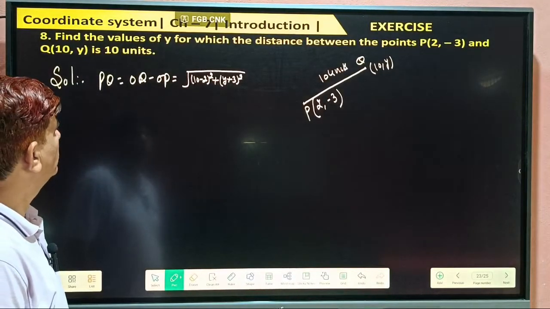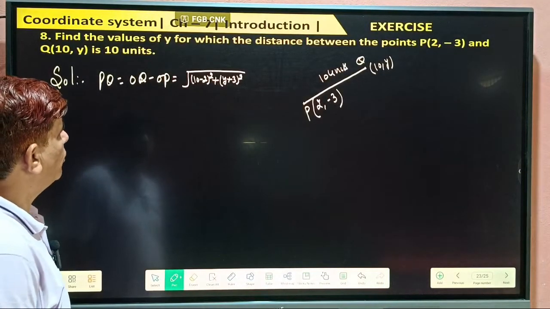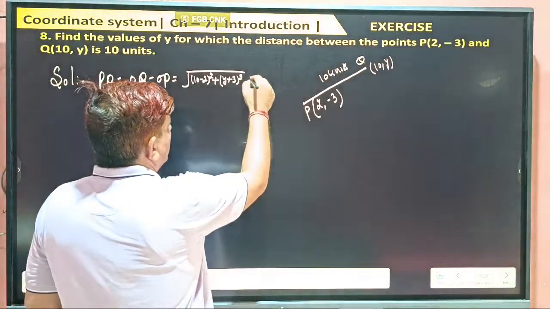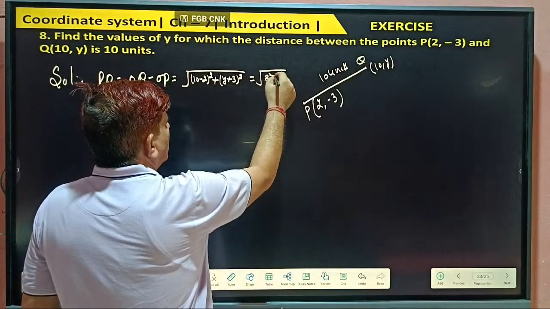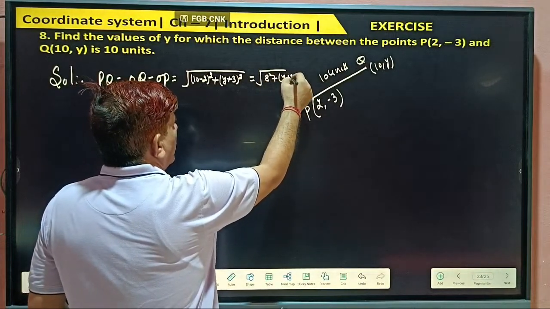Q's x coordinate is 10, this is the point Q. Understood or not? So PQ equals this, and we can write it as the square root of (10 minus 2) which is 8 square, plus (y plus 3) whole square.